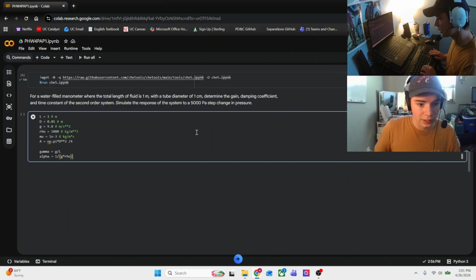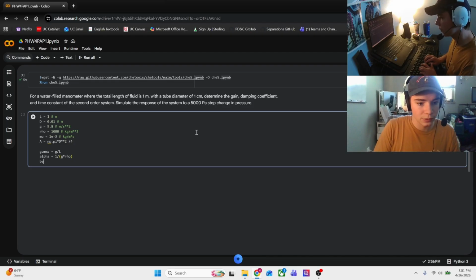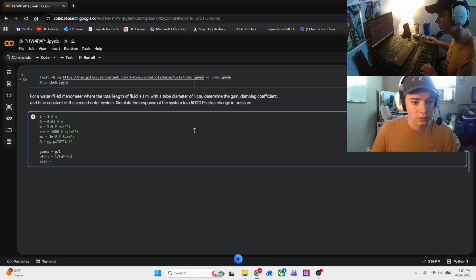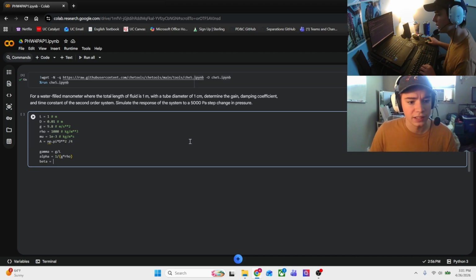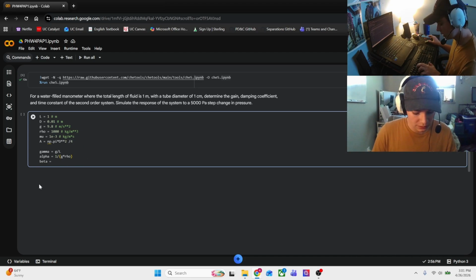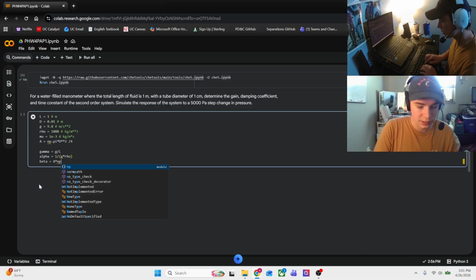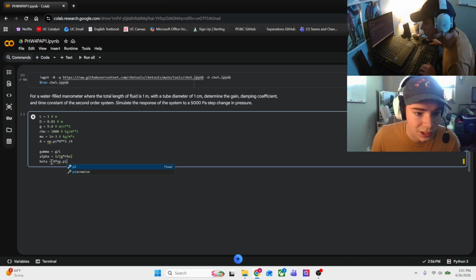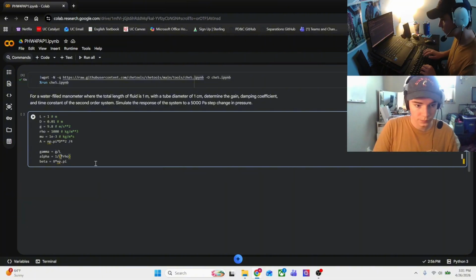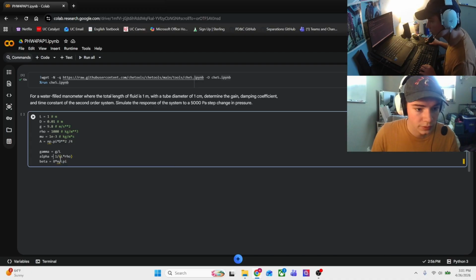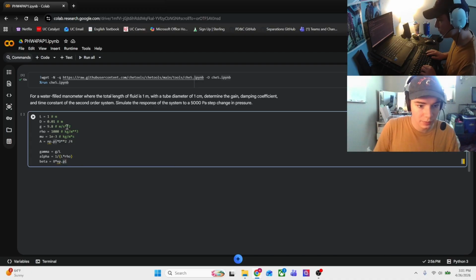That sounds about right. And then last of all, we've got beta, which if I remember correct, is going to be 8 times L times pi, which this is also not g, this is L, all over our rho times our area.